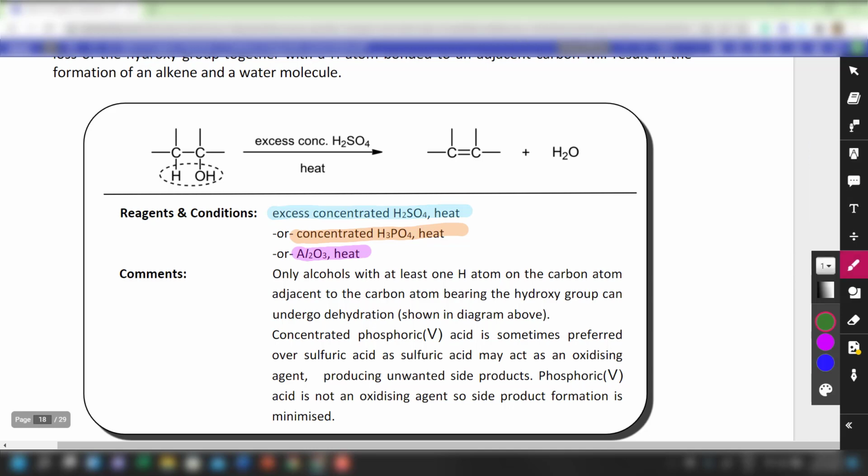Okay, so this is probably a better method if, let's say, you don't want the system to come in contact with any form of liquids. Yeah, sometimes concentrated phosphoric acid is a better alternative as compared to sulfuric acid. Okay, the reason being sulfuric acid could be an oxidizing agent as well.